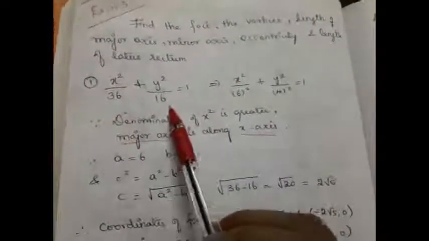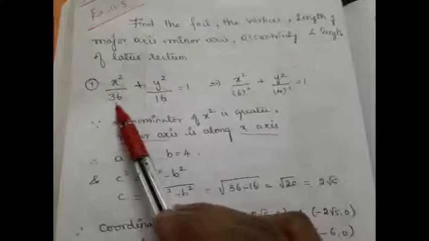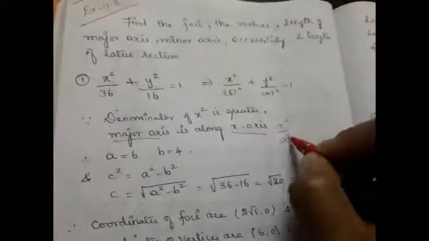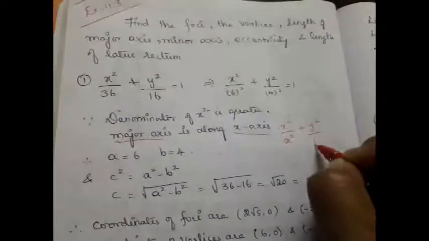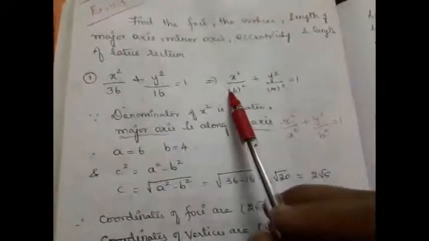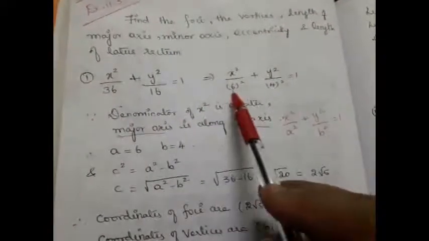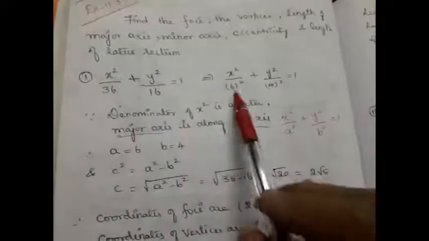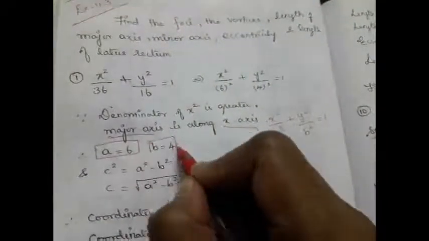Now in this equation, the denominator of x square is greater, therefore it is along the x axis. Therefore the equation is of the form x square by a square plus y square by b square equal to 1. If we compare this equation with this, 36 can be written as 6 square and 16 can be written as 4 square. So the value of a is 6 and the value of b is 4.